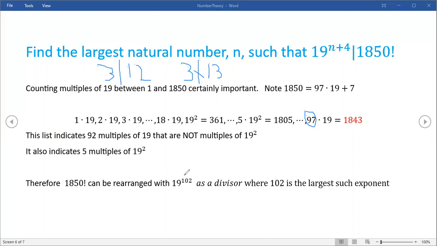In other words, the 102 that you see right here comes from this. The Wi-Fi is just killing me, folks. It cuts out at the worst possible time. So you have 92 plus 5 times 2.